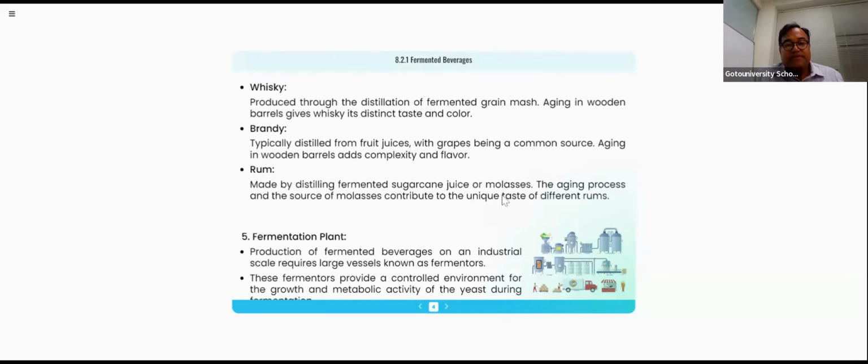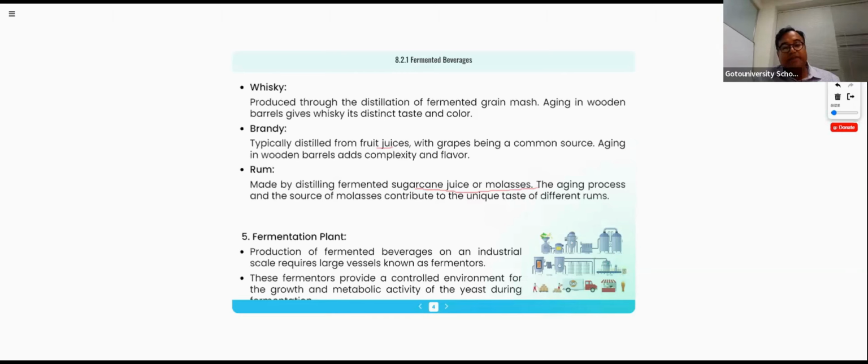We know very well that whiskey is obtained by distillation of fermented grains, brandy by distilling fruit juices, and rum by fermenting sugarcane juice and molasses, right?